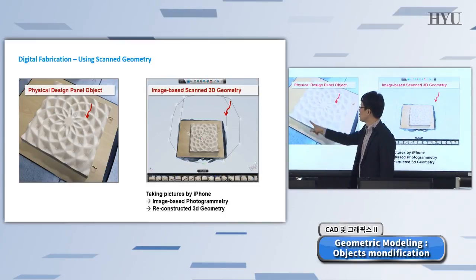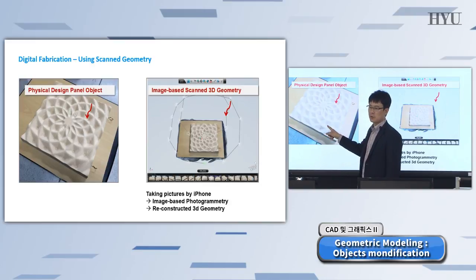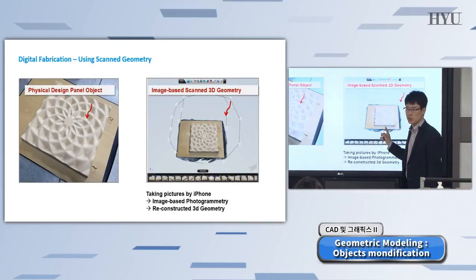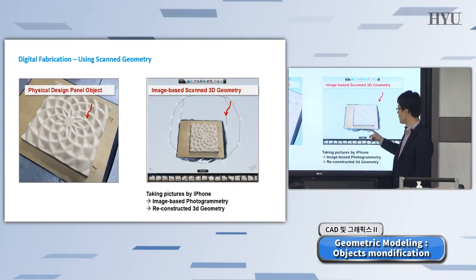And if you want to use this for actual design, for your wall structure or wall pattern, from a physical object, what you need to do is take pictures and get the geometry. This is the 123D Catch PC version, okay? Not the smartphone version.